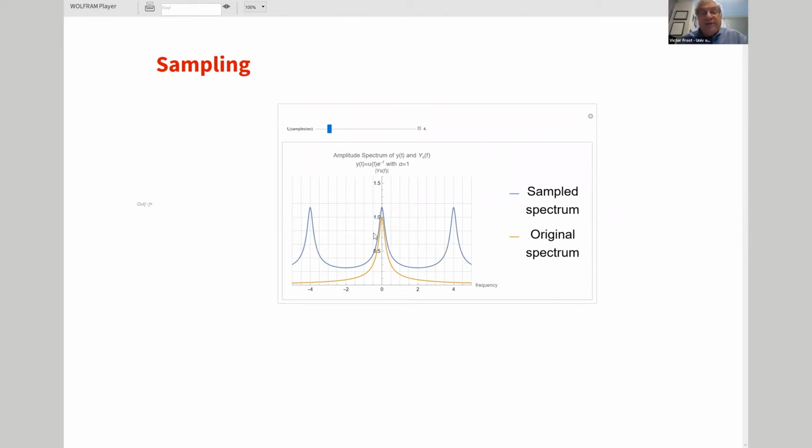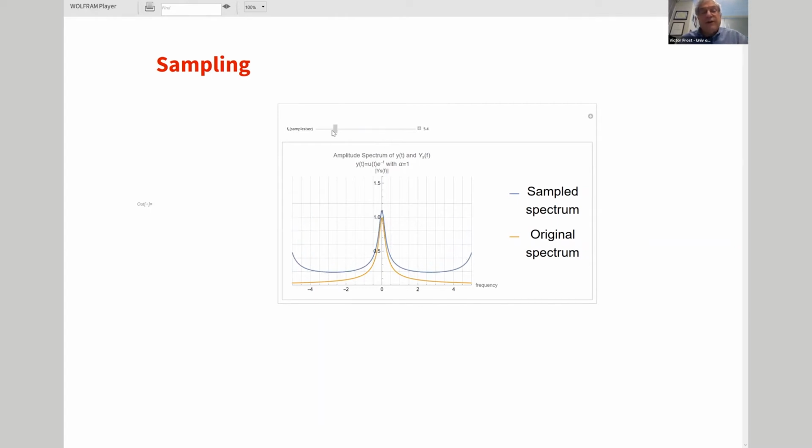So this is a way of telling the students that even though you're sampling, the original spectrum is not band limited. So you're always going to have some practical error between the sampled spectrum when you filter it and the original spectrum.